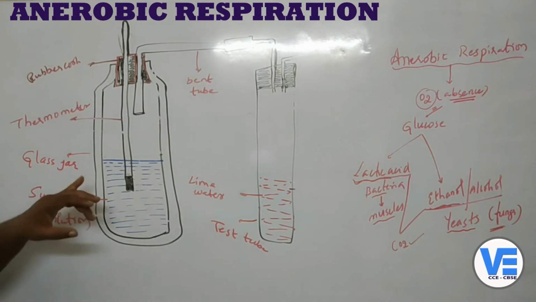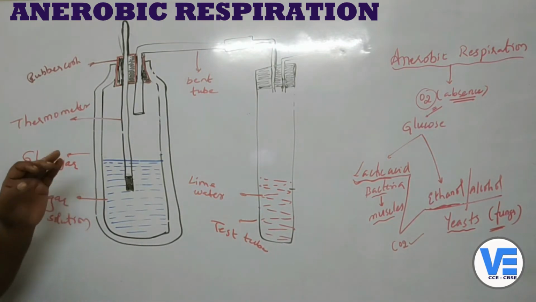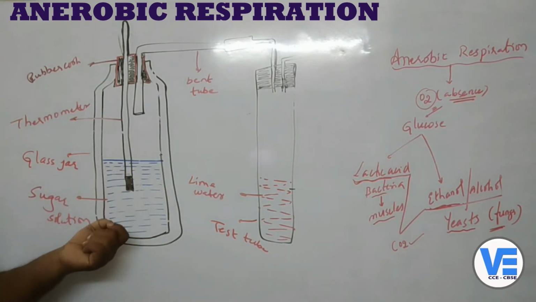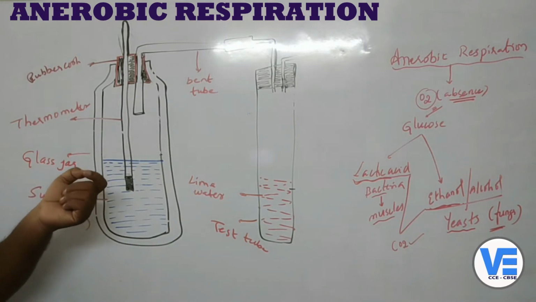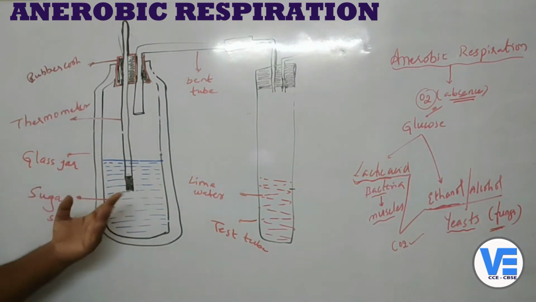To make sure that it doesn't have oxygen, you can take the solution called Janus green, and put it in the sugar solution.